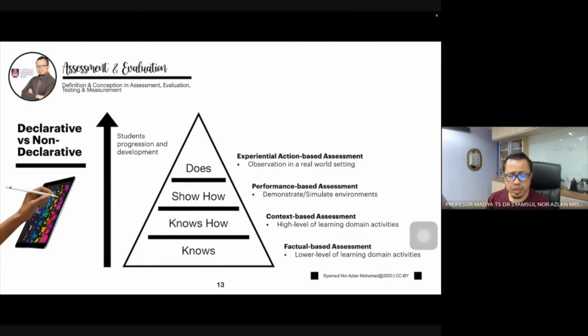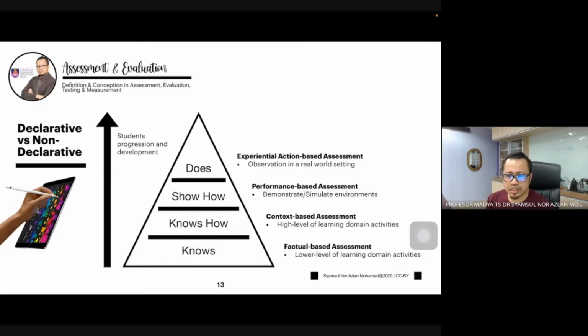And we do agree that performance-based assessment really engages students with active learning, and how the active learning can be designed according to a more appropriate assessment method by having experiential actions, meaning that the assessment has been designed to allow the students to interact with real world situations, and how the students can explain based on the experiential actions.